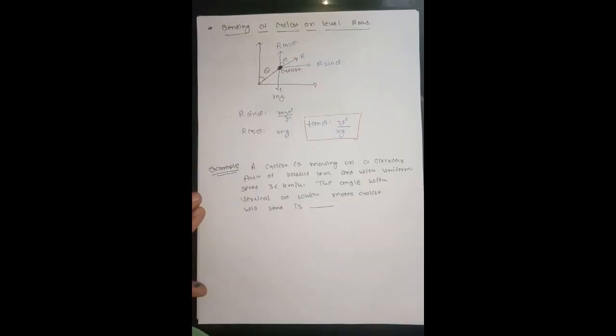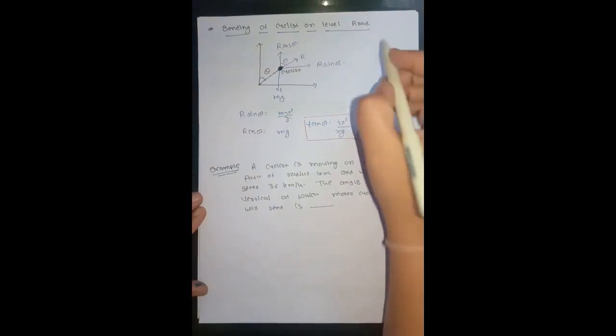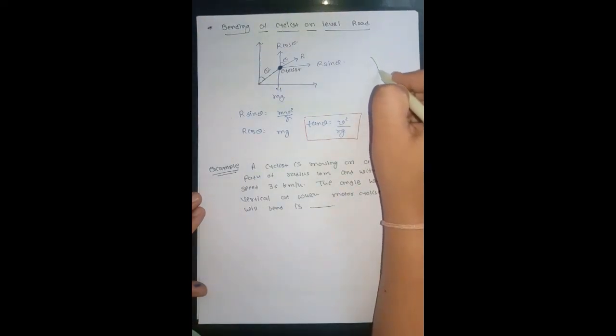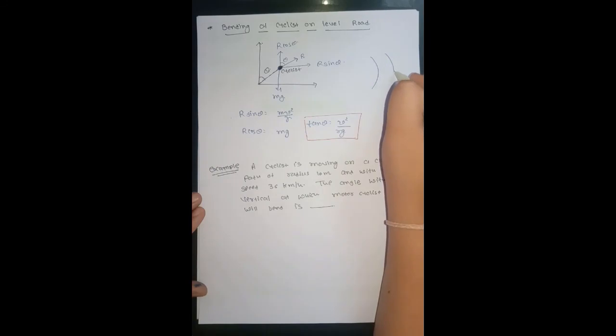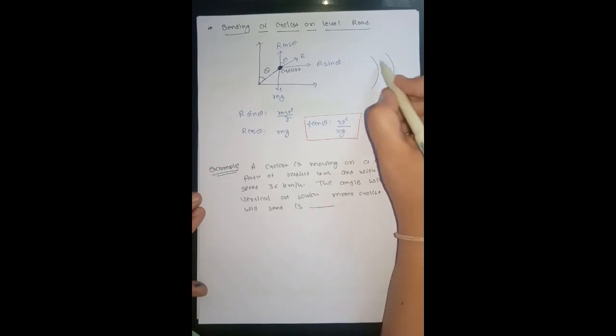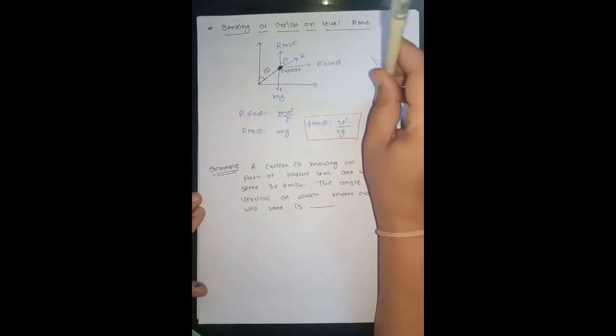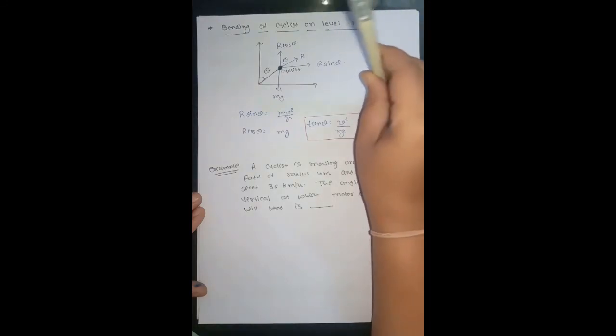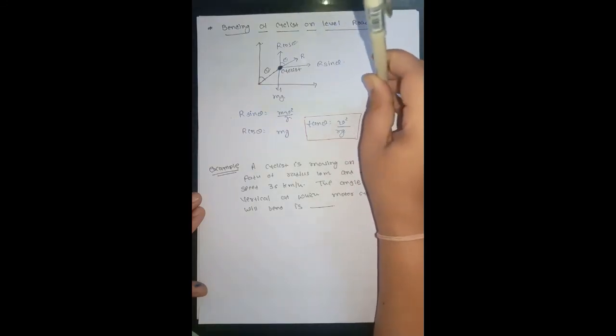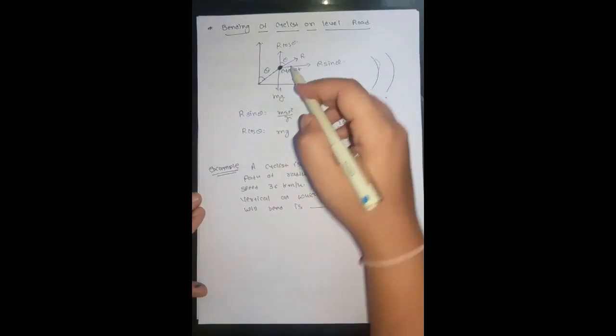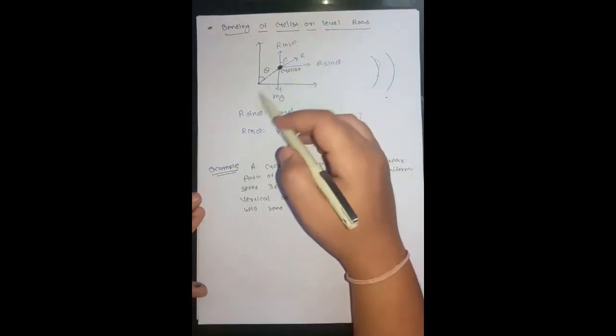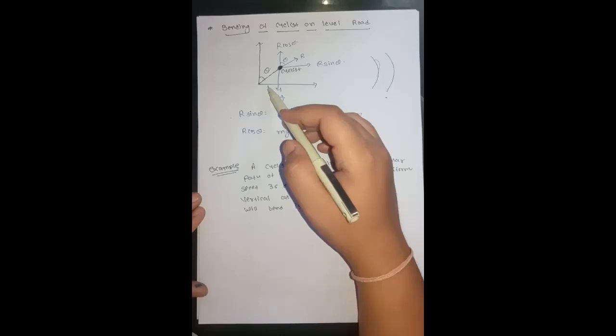Now let us see one more application, that is bending of a cyclist on a level road. Whenever a cyclist is moving on a circular track, during the turn he tends to lean, making some angle with the vertical to maintain the normal reaction with the surface.